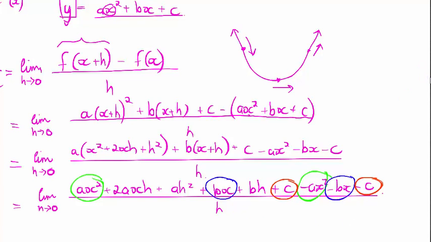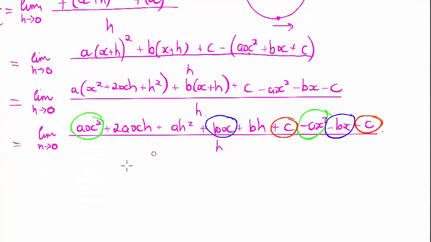They will all cancel. So that in the end, I'm left with 2axh plus ah squared plus bh, and that's it, divided by h.